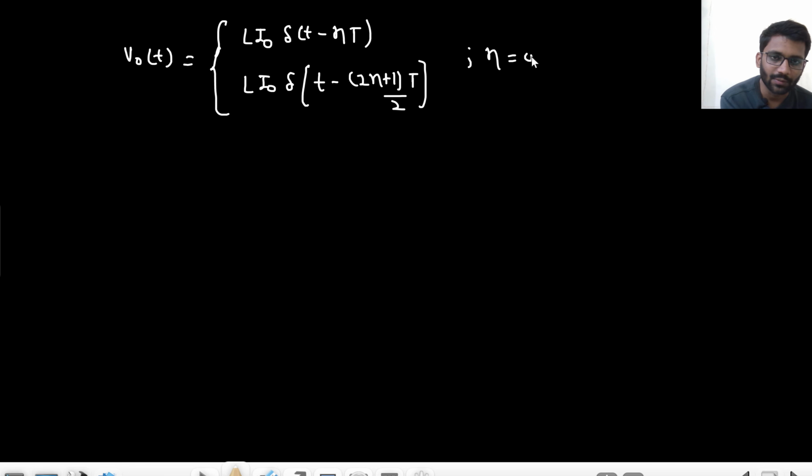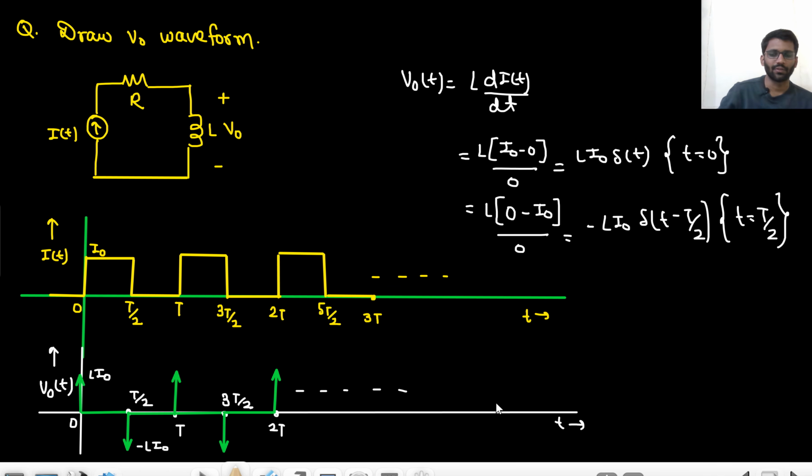Now the n value is 0, 1, 2, 3 and so on. Does this seem fine? L I naught delta t, then at n equals 1, L I naught delta (t minus T), then at 2, L I naught delta (t minus 2T). And for the negative ones, at n equals 0 it is T by 2, and at n equals 1 it is 3T by 2. Yeah, this seems fine, right? So this is the correct expression of V naught T. Are you getting the point? Simply the differentiation, nothing else.